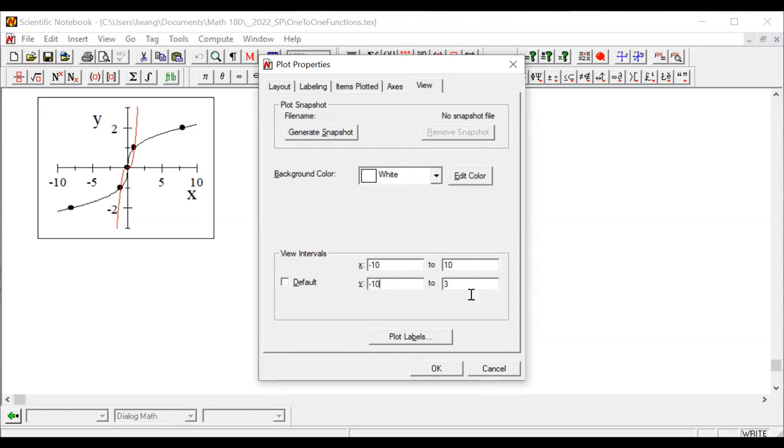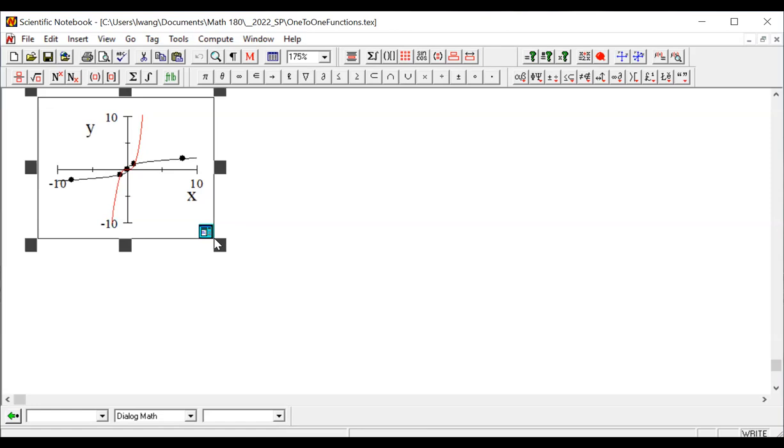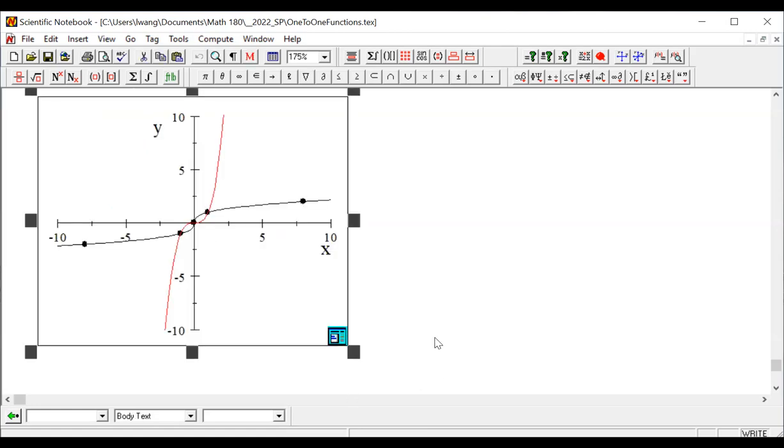Please go ahead and do the same. You may like to make them the same scale. The black one is the cubic root function, and the red is x raised to the power 3.